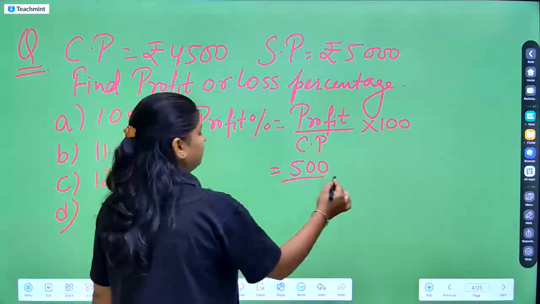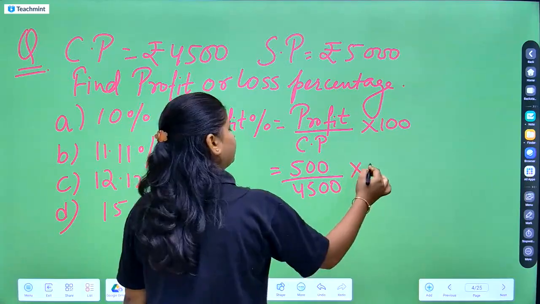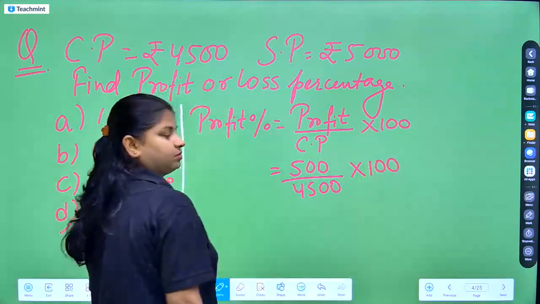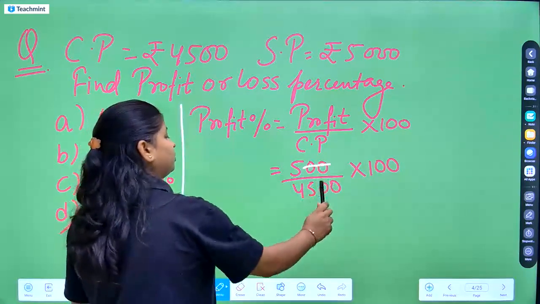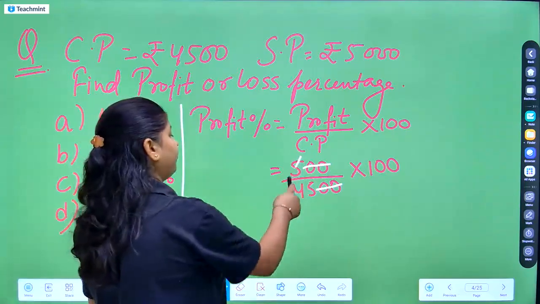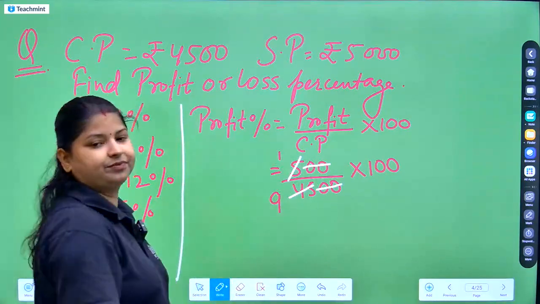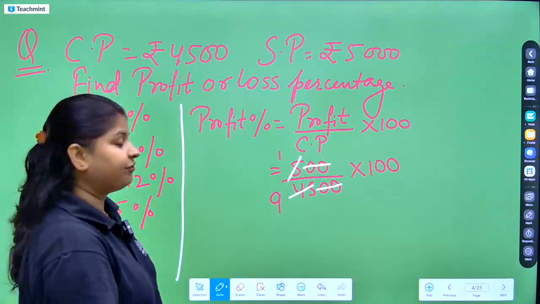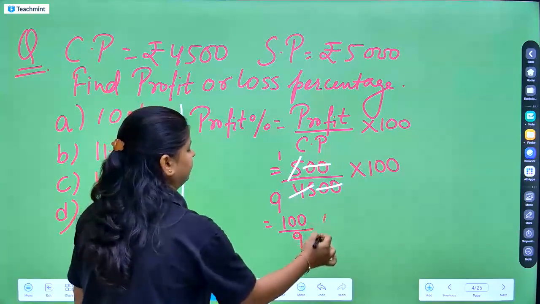Cost price 4,500 into 100. Now just simplify it. 2 zeros and 2 zeros cancelled out. 5 1 is 5 and 5 9 is 45. You are left with what? 100 by 9%.